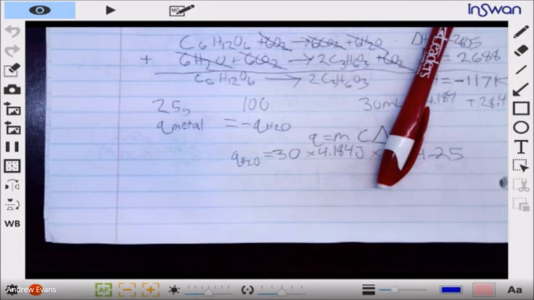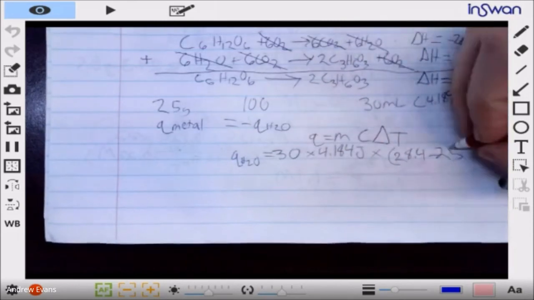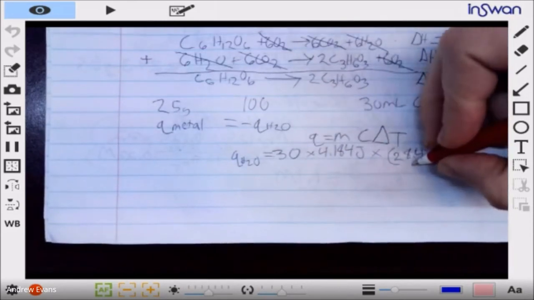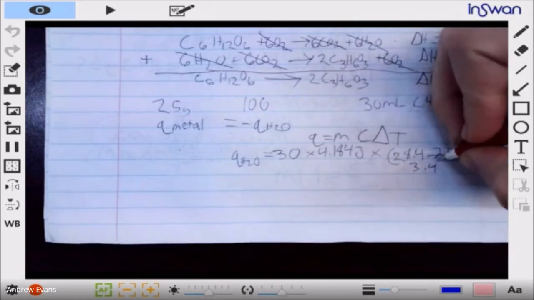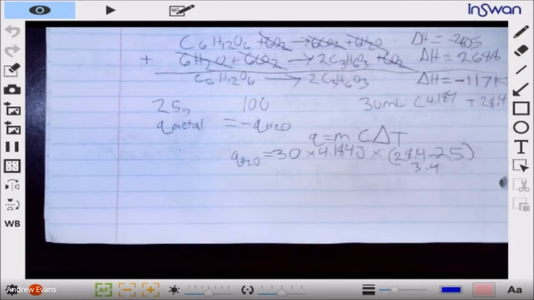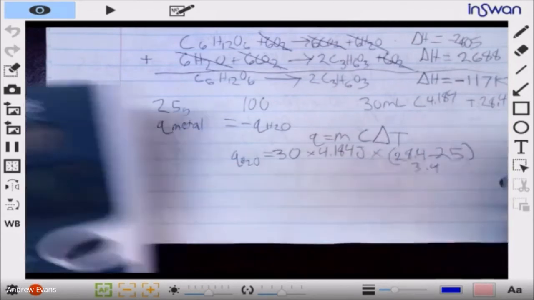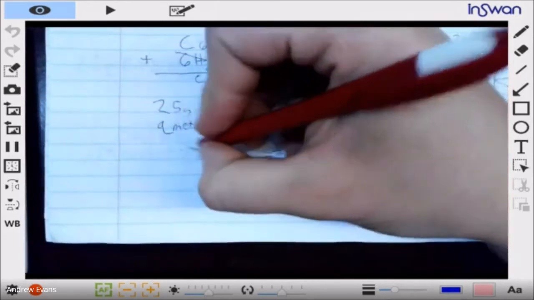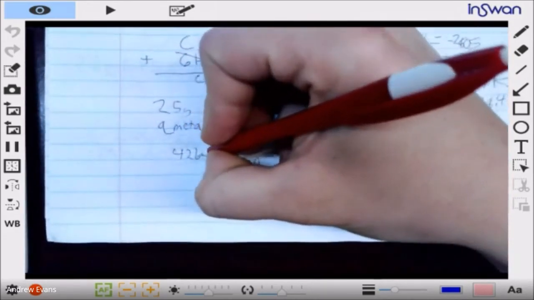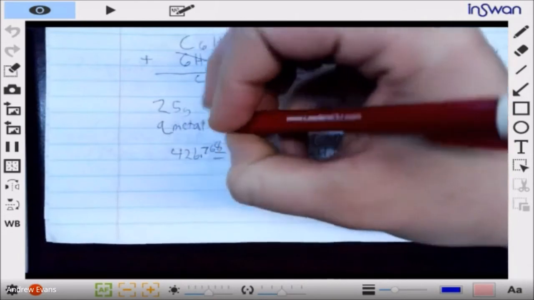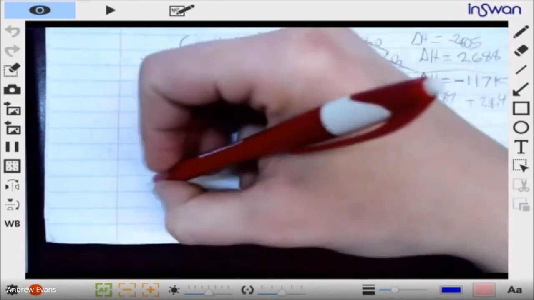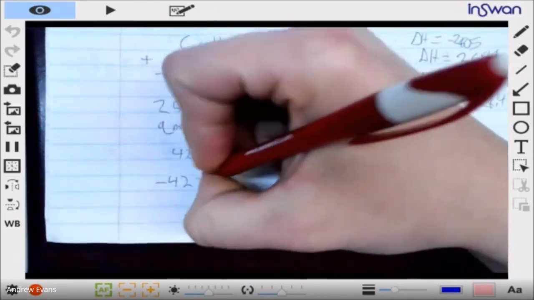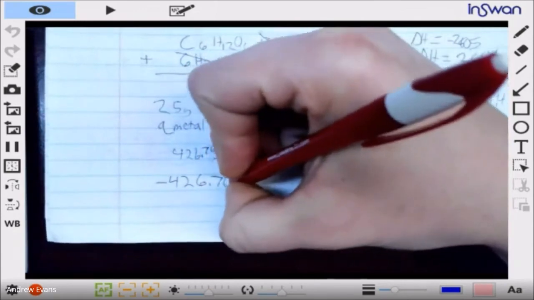So our change in temperature is 3.4. So looking at that, the heat of the water is equal to 426.768. Now the heat of the metal would be negative 426.768.